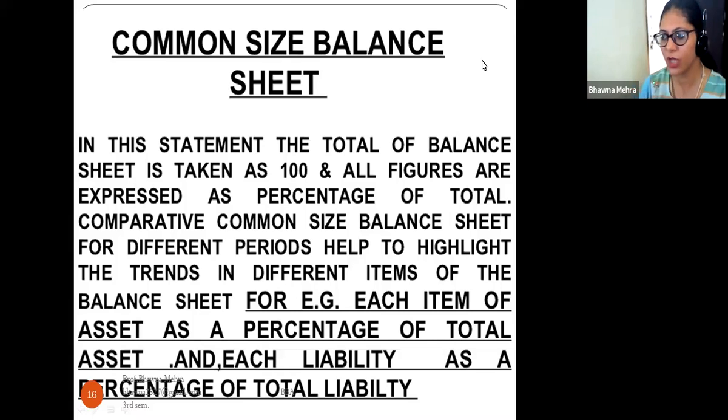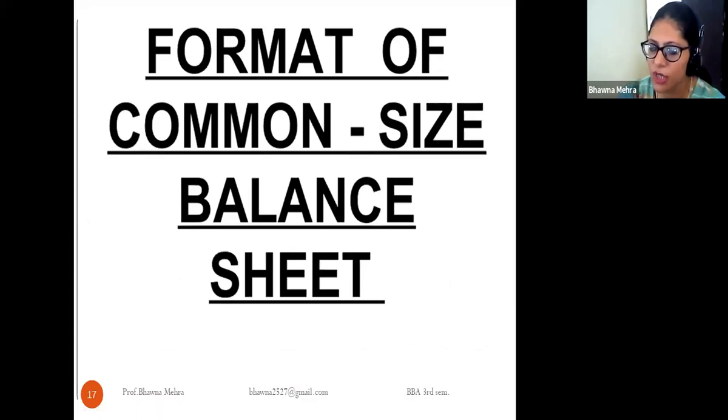For example, each item of the assets as a percentage of the total assets and each liability as a percentage of the total liabilities. Now let us come to the format of the common size balance sheet.